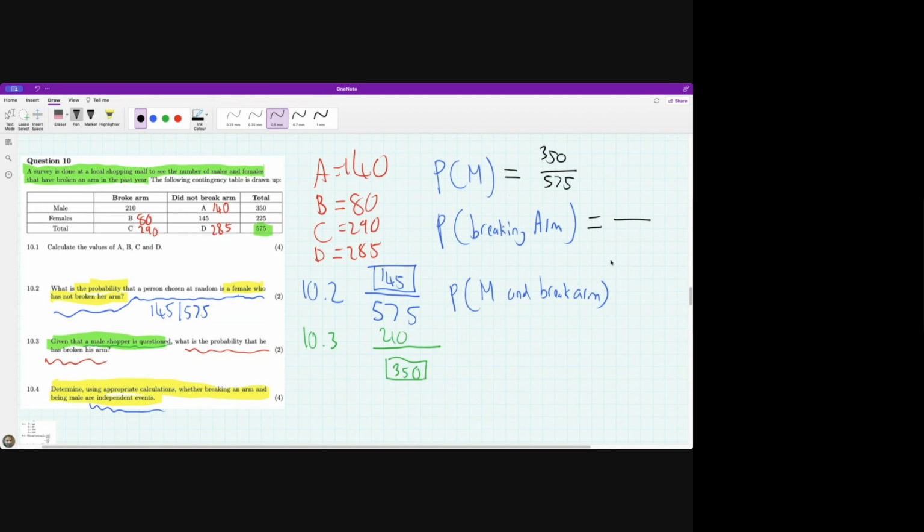Again, because we're looking at the whole sample, it's 575, and breaking an arm is going to be 290 out of 575. Okay, now, what is the probability? Well, we know this is still going to be out of 575, but what is the probability that you choose someone who's male and they've broken an arm?